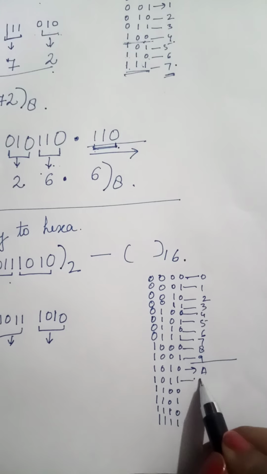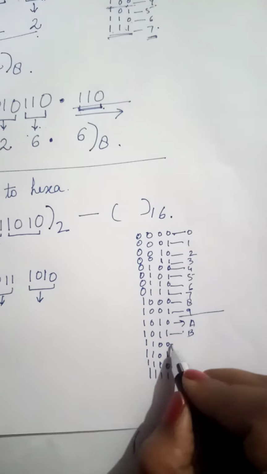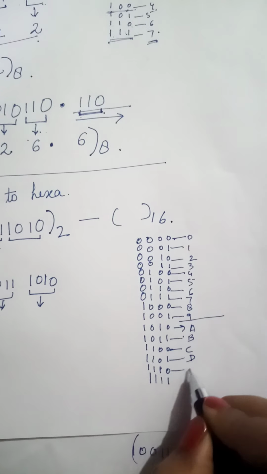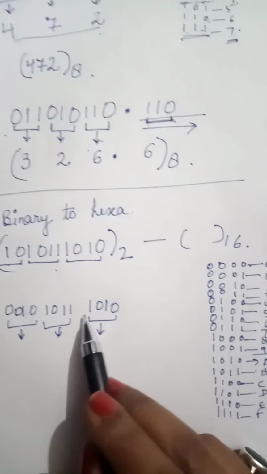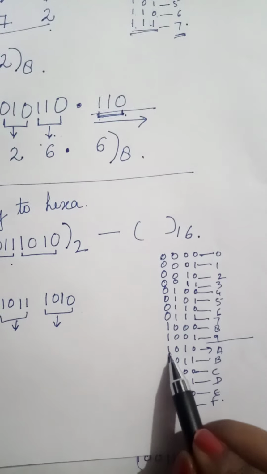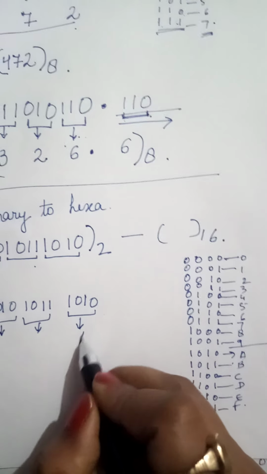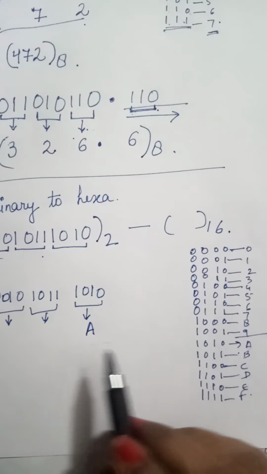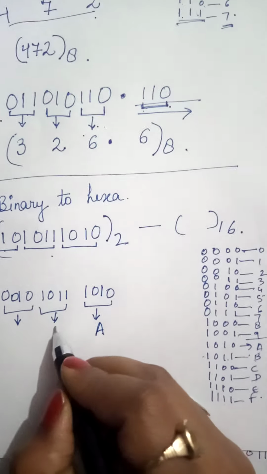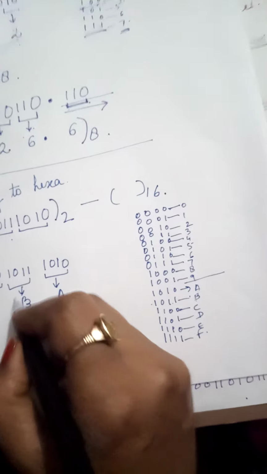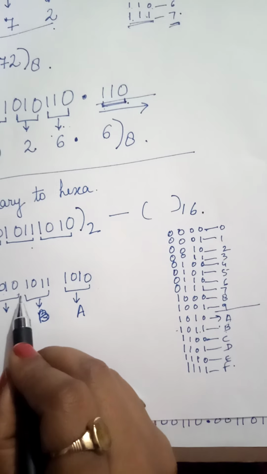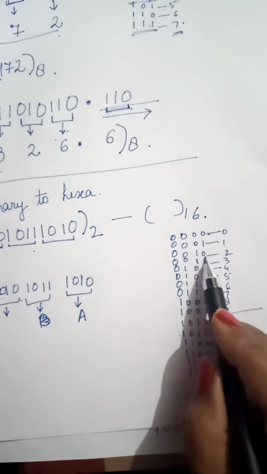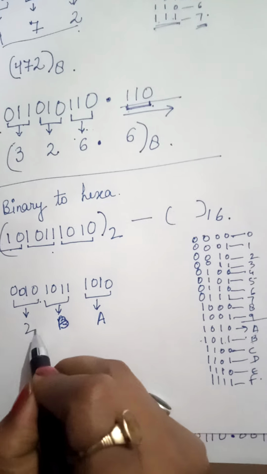A B C D E and F. Okay, A B C D E F. Now 1010 is A, then 1011 is B, then 0010 is 2.